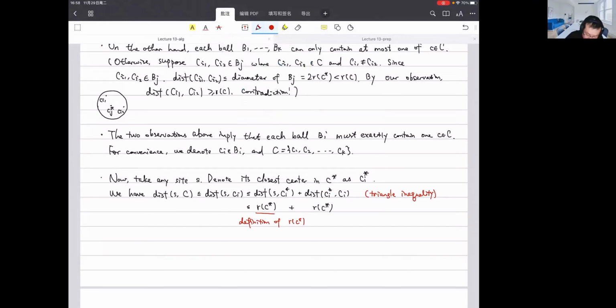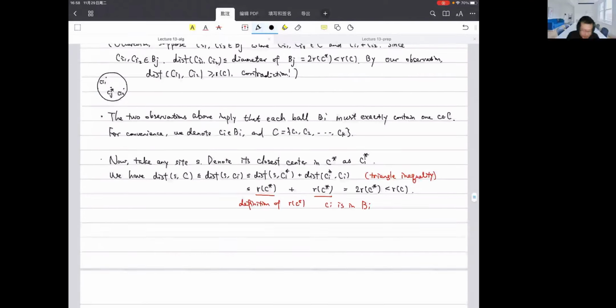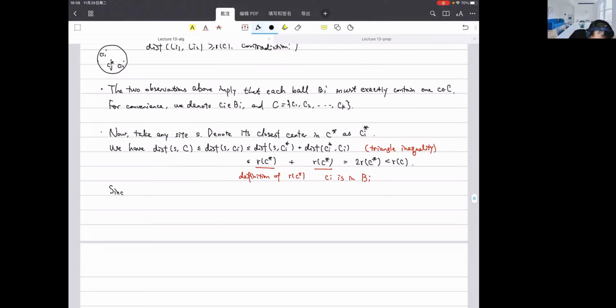And this just equals 2 times R of C star. And by our contradiction argument, this is strictly smaller than R of C here. But here we are picking an arbitrary set S, and we know that the distance between S and C here is strictly smaller than R of C. So this is going to give us a contradiction.